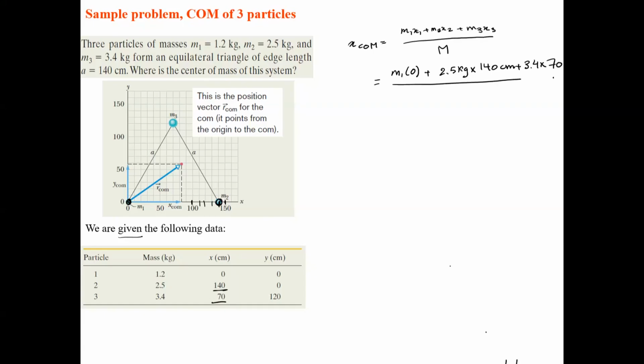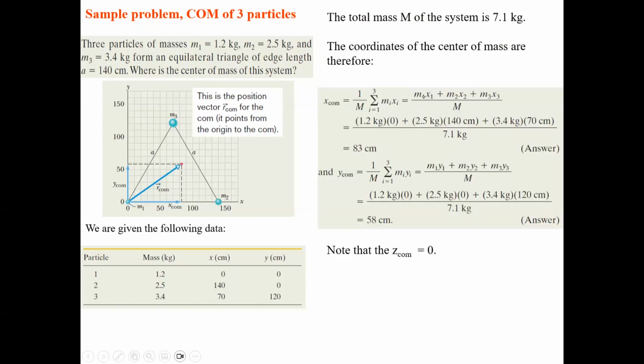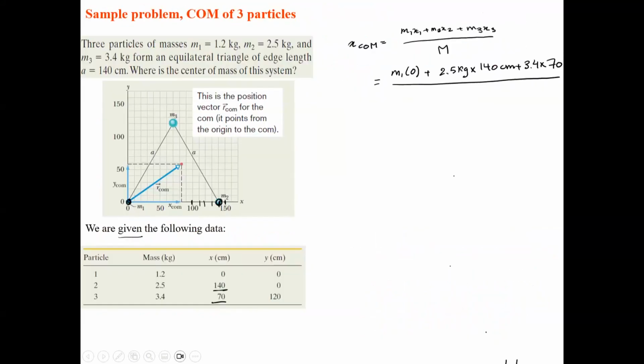I will divide by the total mass, which is 1.2 plus 2.5 plus 3.4 kilograms. I just added up all of these masses. I can calculate this. You should get 83 centimeters.